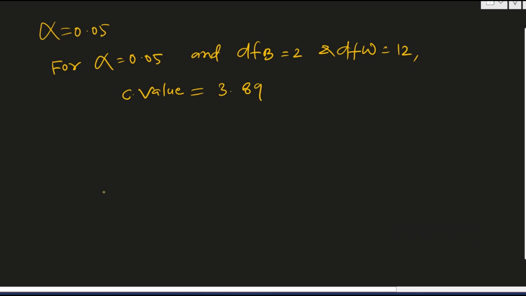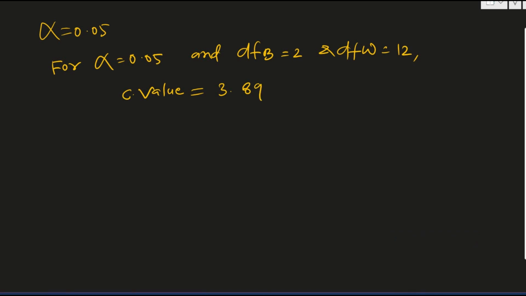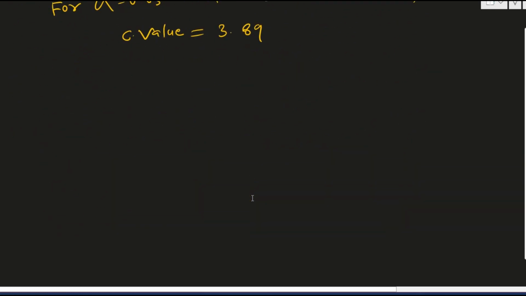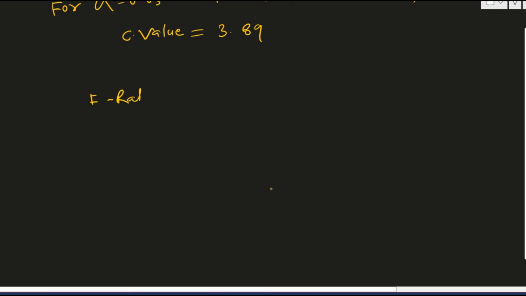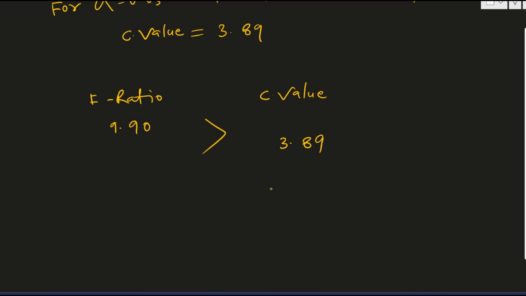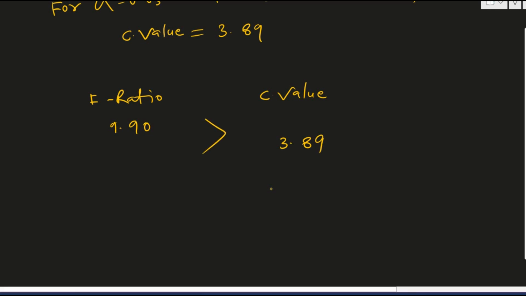Now since the F ratio value is 9.90 and the critical value is 3.89, the F ratio is greater than the critical value, so therefore we are rejecting the null hypothesis.